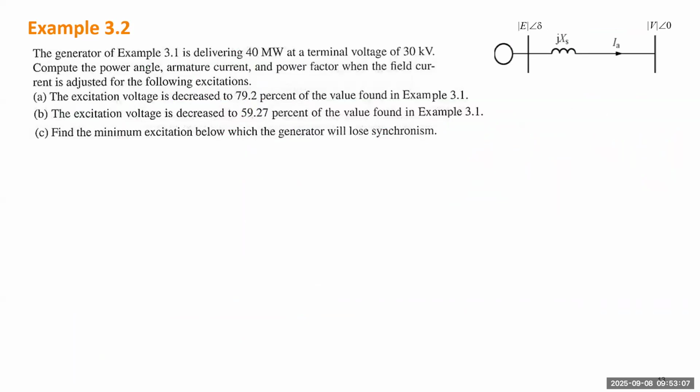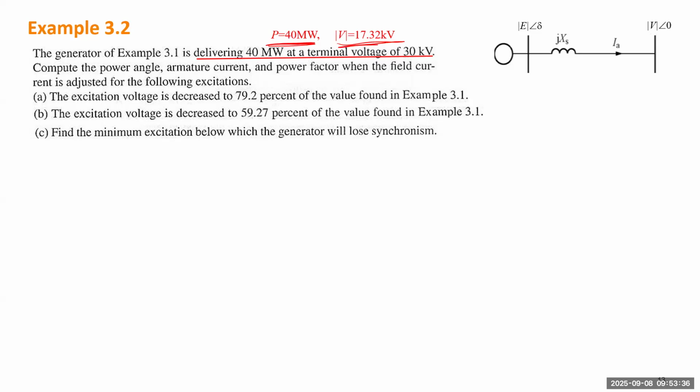So a second example just asks you to try it, basically giving you some parameters and values to do some calculation for the three conditions. For this case, it's the same generator as example 1, but we assume P to be a constant 14 megawatts. We already calculated the phase voltage to be 17.3 kV.